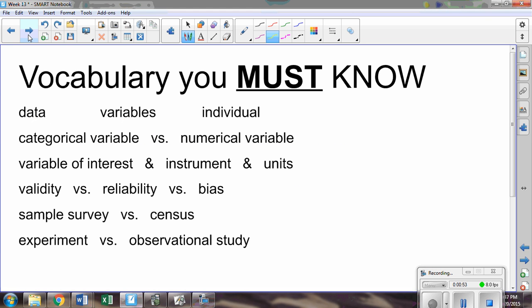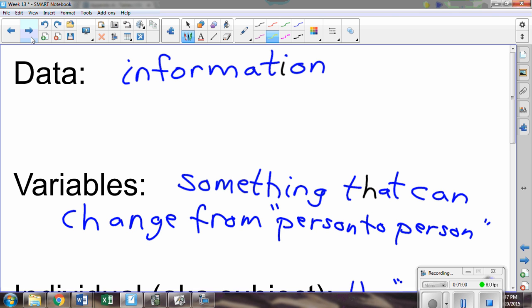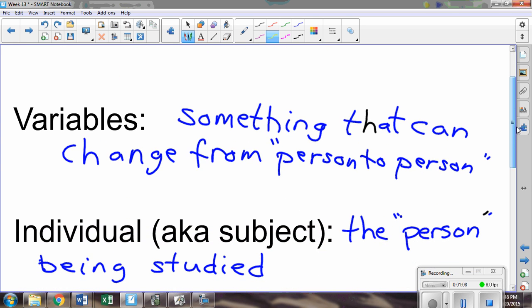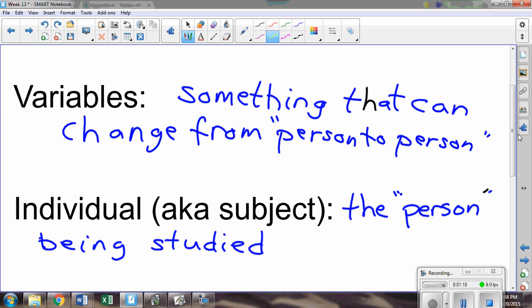Here's the list of all the vocabulary that you would need, and we extended it further. Here are the ones that we wrote down at the end of the lesson yesterday. We know that data is information. Variables are something that can change from person to person, and we know person doesn't necessarily mean a human.